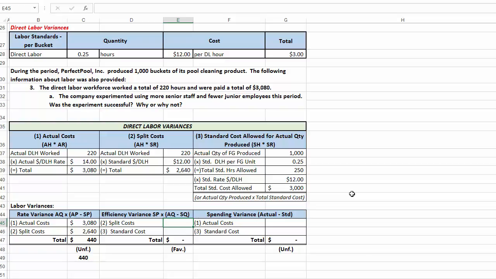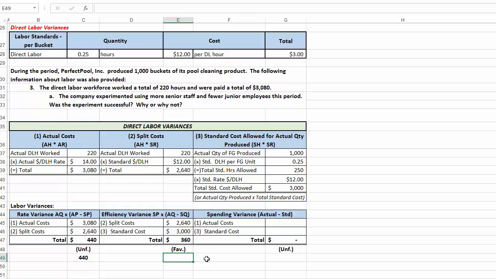And that is calculated by taking the difference between $2,640, that's actual hours worked at the standard rate, and comparing it to standard hours worked at the standard rate of $3,000. We have a total favorable variance of $360, and that could be computed if we simply wanted to take the standard price and multiply it by the difference between the actual hours that we worked and the standard hours that we were allowed to work.